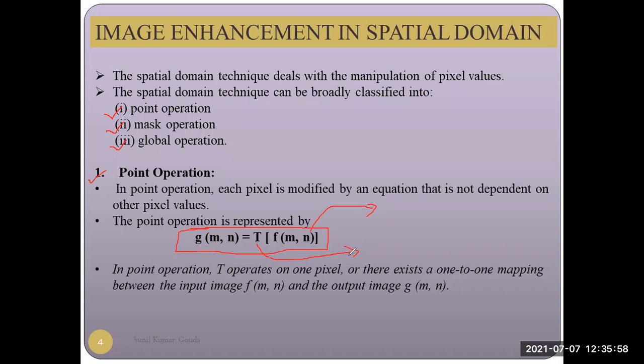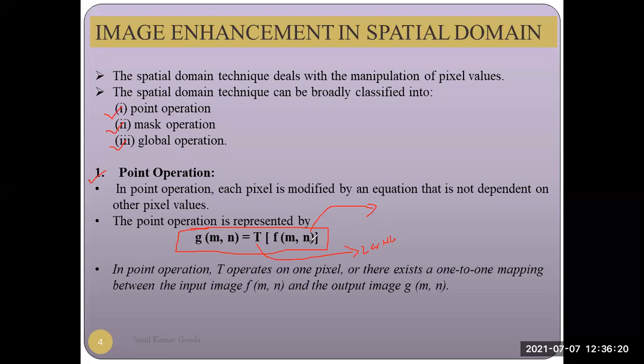T is the operator that you want to perform. This T can be a linear or a non-linear operator. Whatever you want to perform, whether linearly or non-linearly, you can use this.